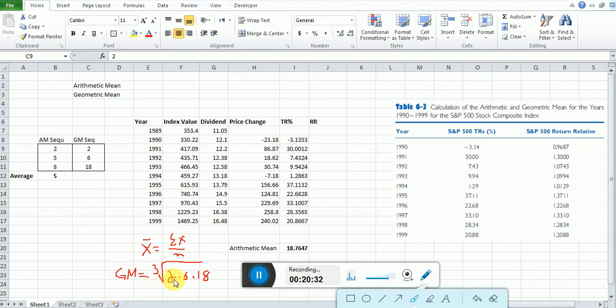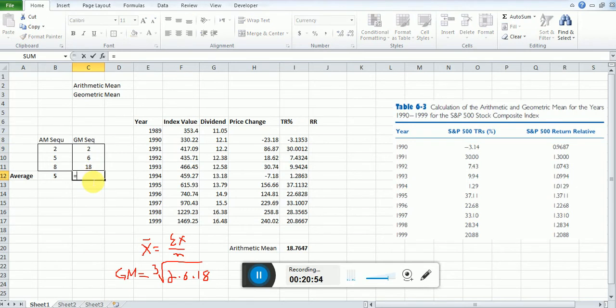Okay, dear students, if you have 5 values, then you have to take the fifth root. If you have 10 values, you have to multiply them and you have to take the tenth root. So this is the function of the geometric mean. Now we are using this function here. In Excel we have GEOMEAN.